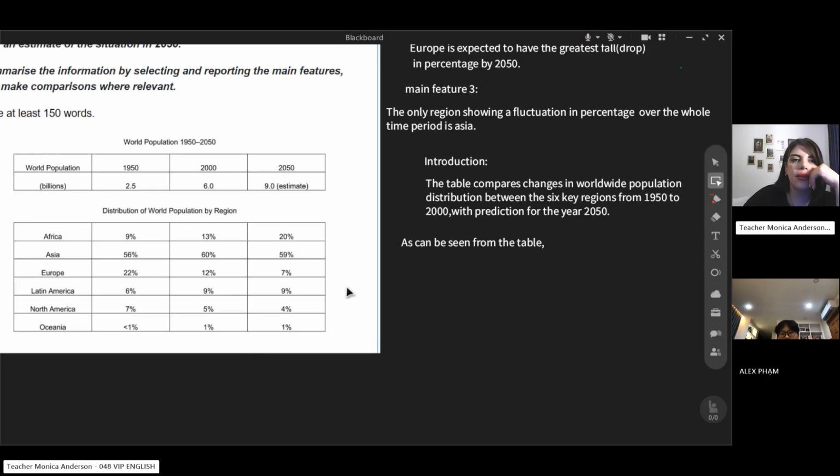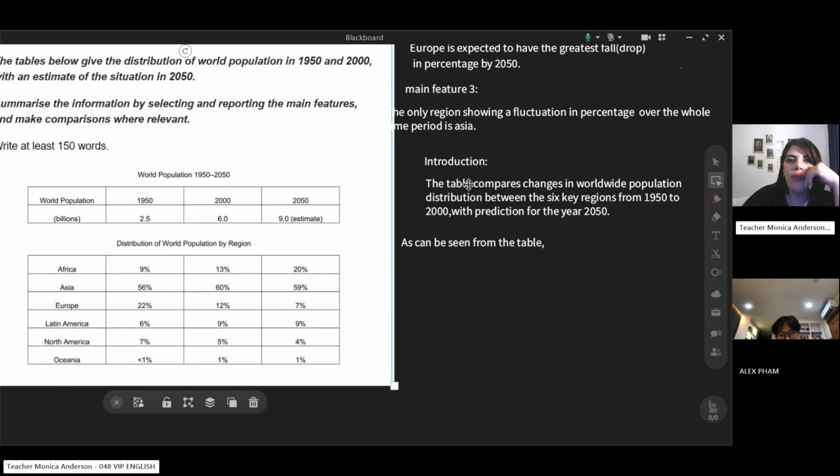Okay, so main feature 1 about Africa. So body 1, paragraph 3. Okay, well, so Africa, we can say that it's a small percentage. And after that, we have an increase to 20%. That is, 20%, it's about a fifth of the total world population.